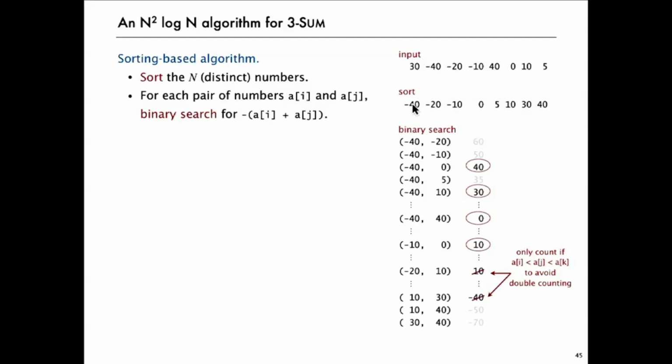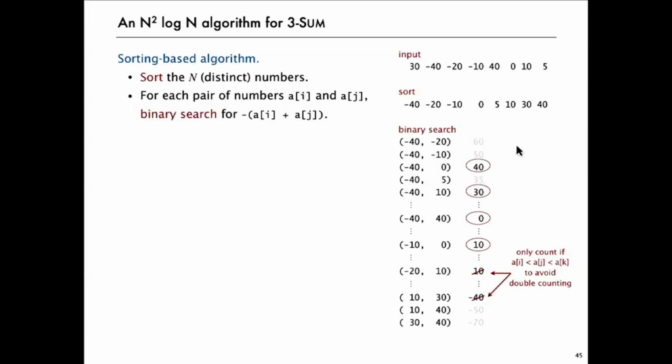The main part of the computation is after the numbers are sorted, we'll go through and for each pair of numbers, a[i] and a[j], we'll do a binary search for minus (a[i] plus a[j]). If we find it, then we have 3 numbers that sum to 0.